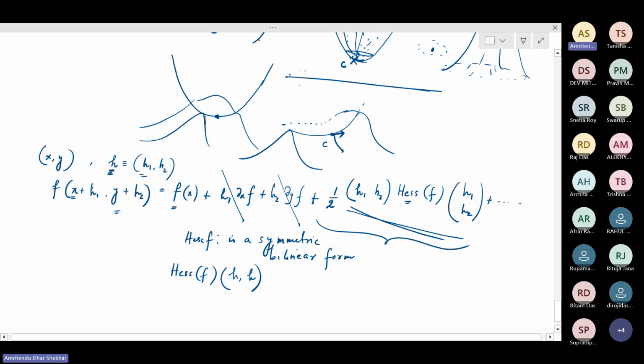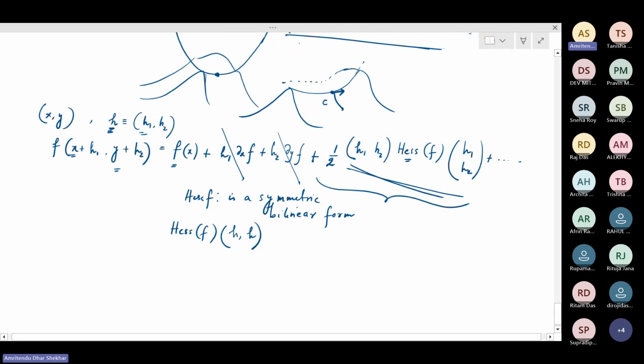But the question is, if Hess of f at h comma h is always positive, independent of h, then this is a minimum.